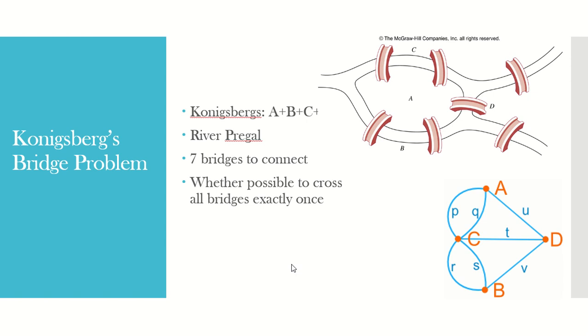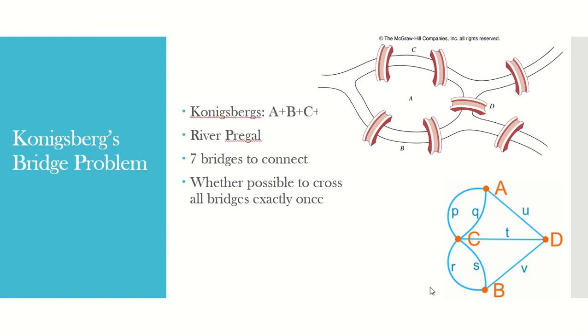And the solution for this was to identify how you can represent these seven bridges with the help of a graph. So what you can see here is a graph where all those nodes A, B, C, and D are represented, and all those bridges are represented as edges.